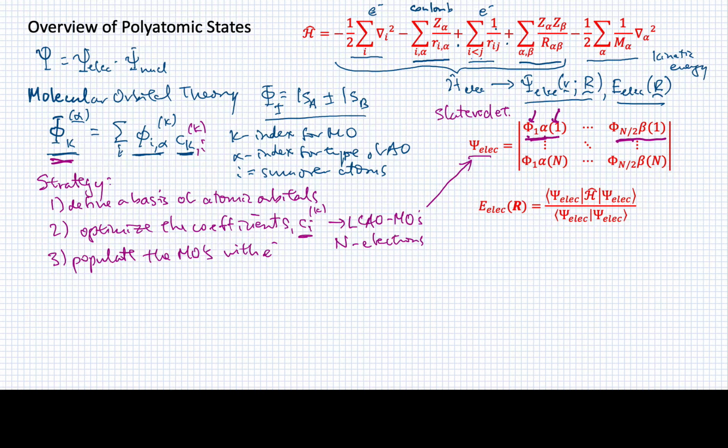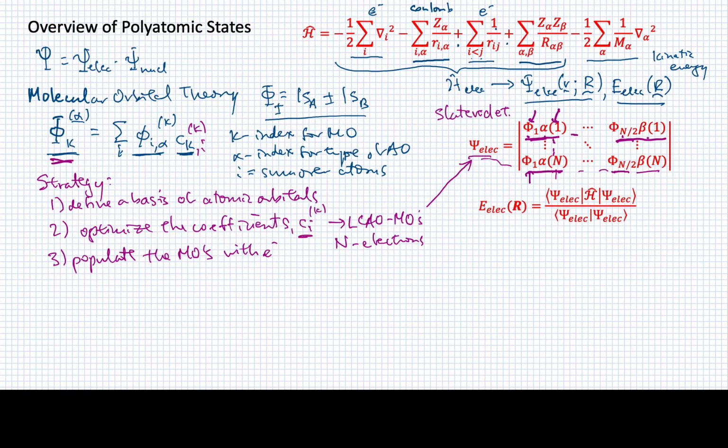It can be orbital 1 with spin beta, which would be the next term over here, all the way over to orbital n over 2 spin beta. Then we go down. Each row is an electron in the molecule. And so the lowest end of the first column would be orbital 1, but for electron n. And it goes across for orbital n over 2, spin beta for electron n. So using that example again, if we had 22 electrons, this would be a 22 by 22 determinant.